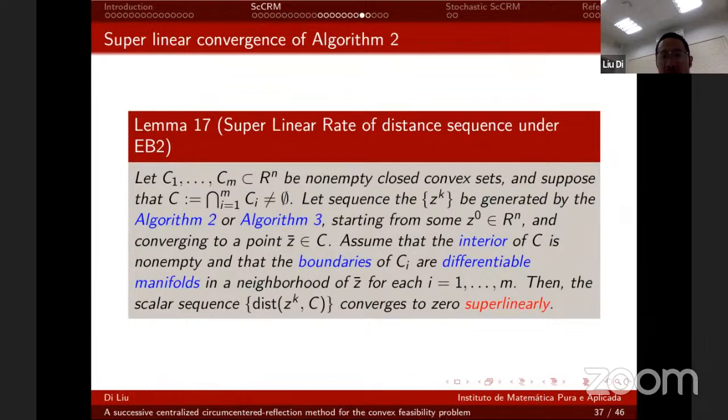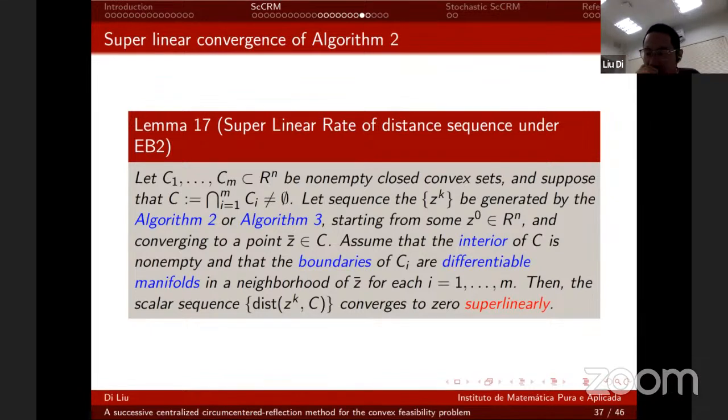So then I just want to introduce the superlinear rate of algorithm 2. Actually, this property of superlinear convergence comes from the CCRM, which means the centralized circumcenter reflection method. I think this is a highlight of the CCRM.